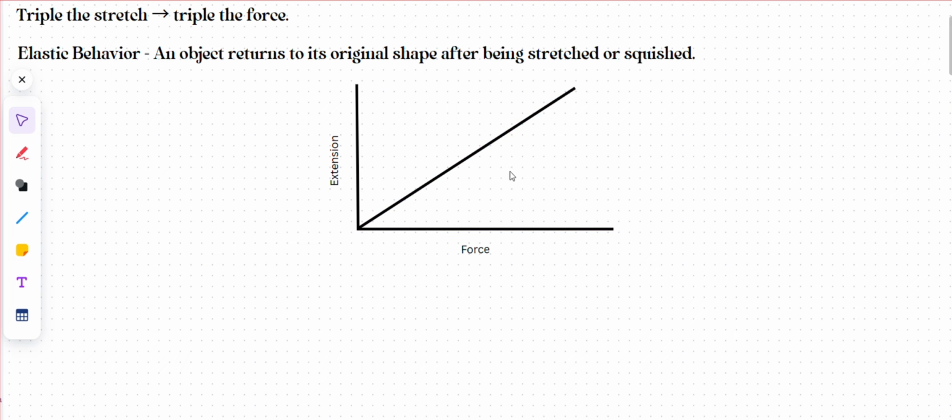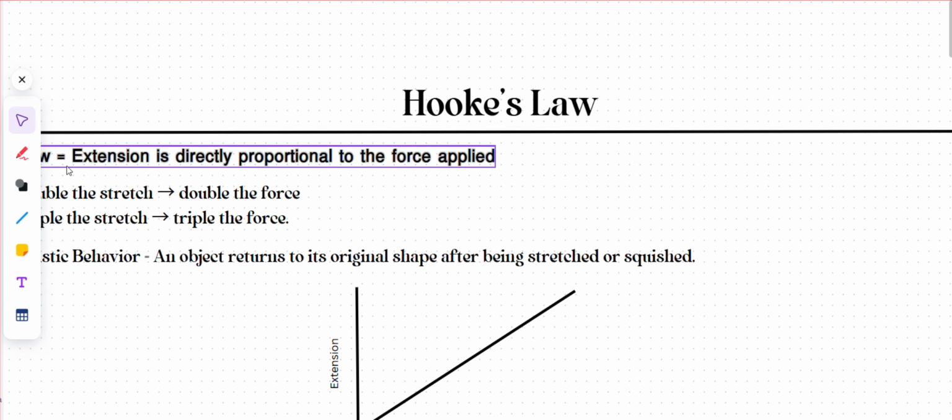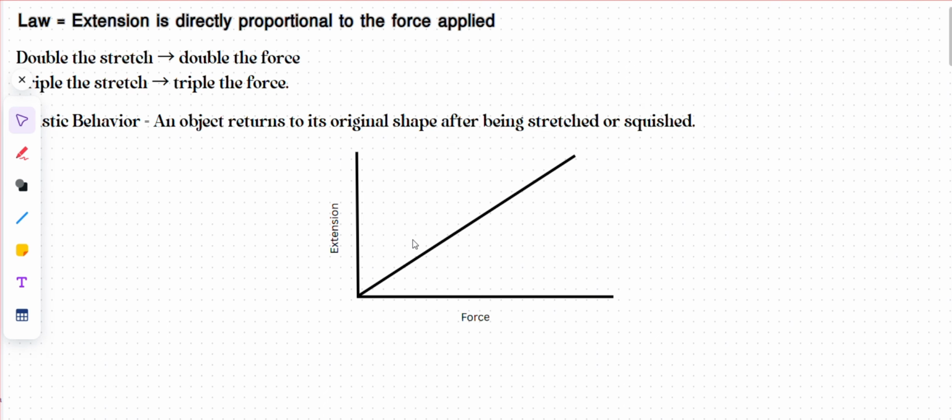The line is straight over here. And for the second mark, you will have to write: as force increases, extension increases. So extension is directly proportional to the force applied, as the law suggests. If you write these two lines, you will gain 2 marks.